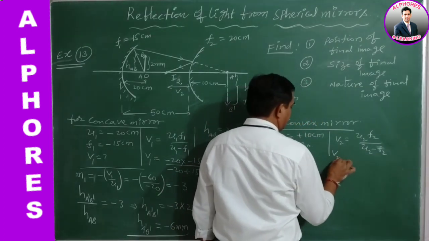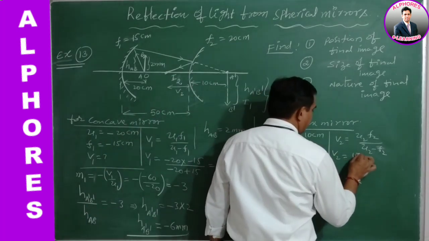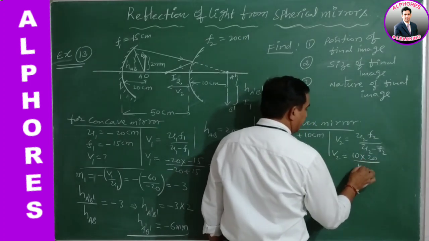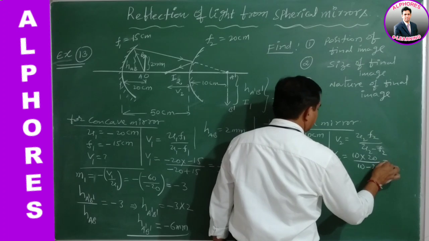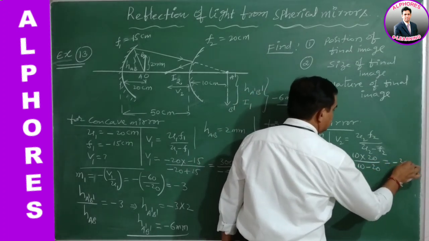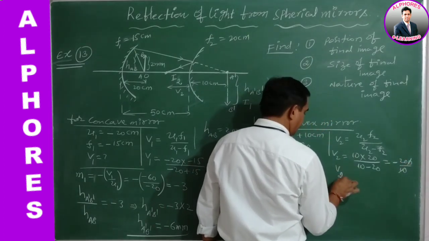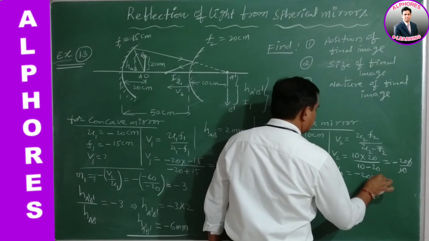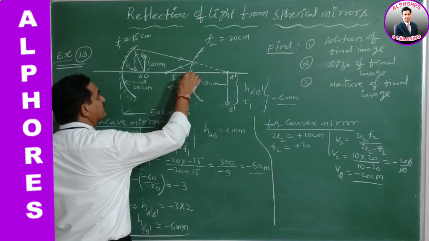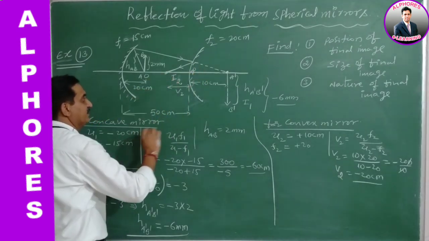V2 is equal to U2 is plus 10 into plus 20 by 10 minus 20, which gives 200 by minus 10, that is V2 is equal to minus 20 centimeters. So here minus 20 centimeters from the pole of the convex mirror.